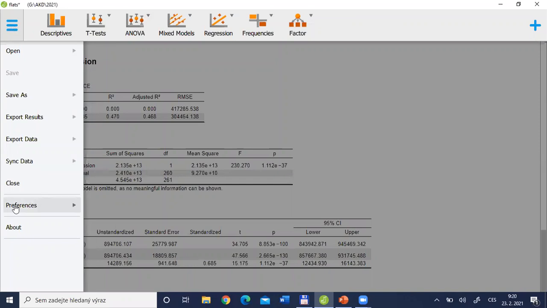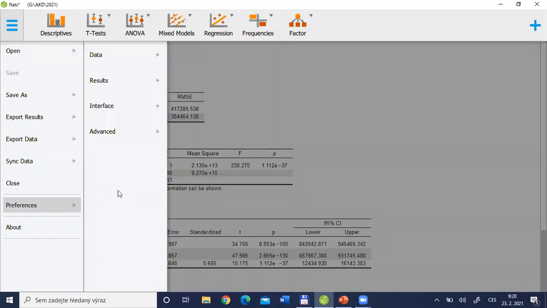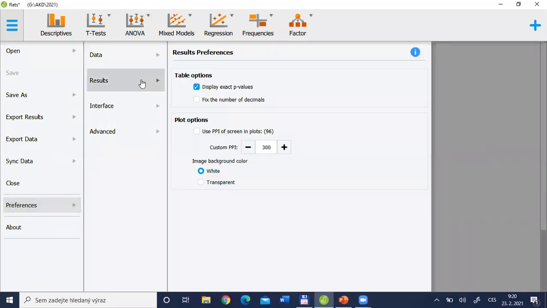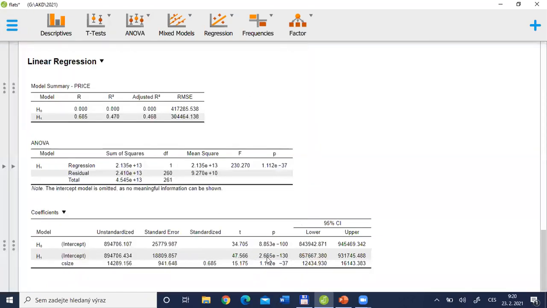Then you can go down into preferences, and here to results. And here you should check the option called display exact p-values. By this change, your results should be shifted to these precise p-values. Once again, in the literature, it is currently recommended that we interpret and publish the precise p-values. That's why these settings are in JASP. Thanks for the question. I hope it works.